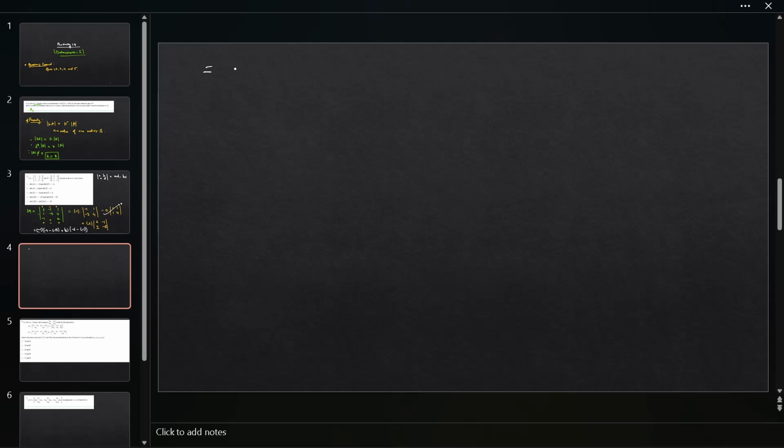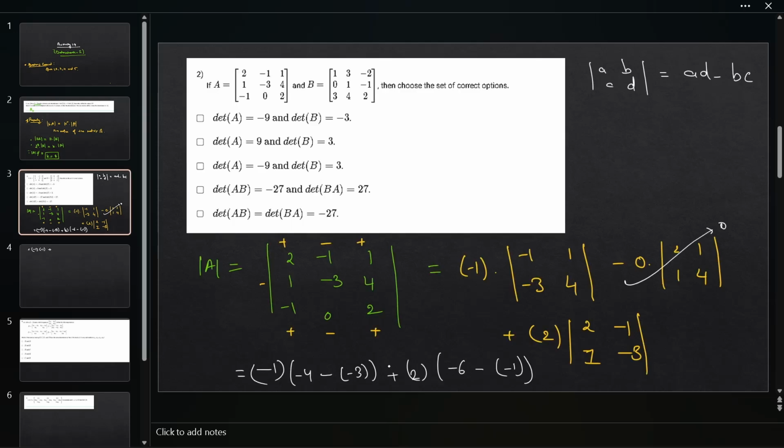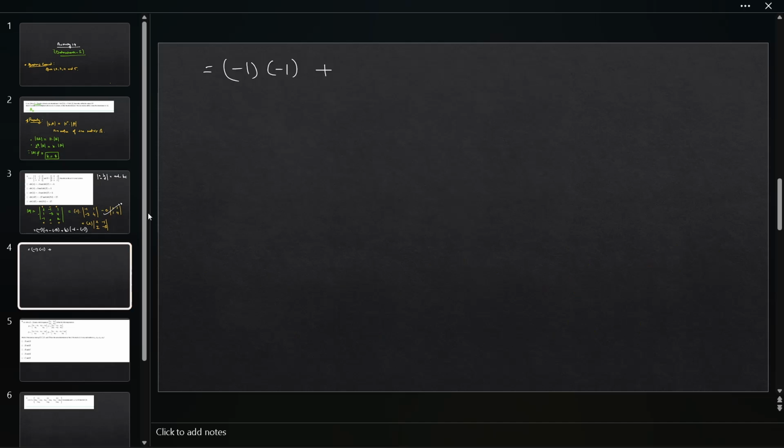So it's minus 1 times minus 1 plus 2 into minus 6 plus 1 is minus 5. 2 into minus 5. So it's going to be plus 1 minus 10, that is minus 9. So determinant of A is minus 9.